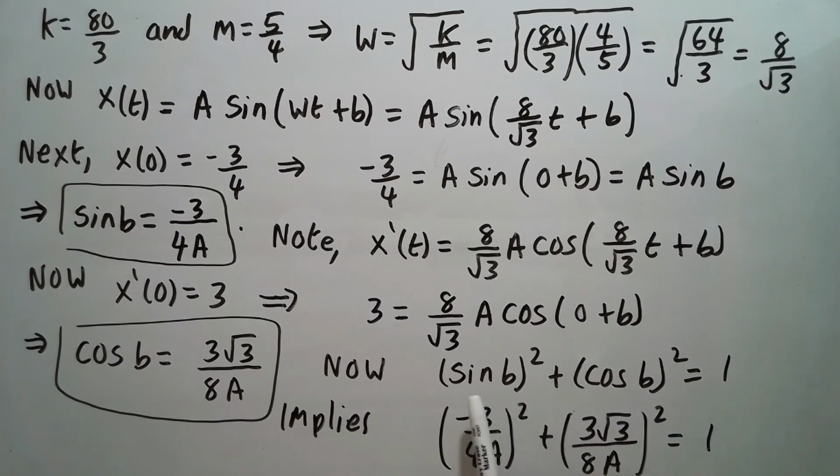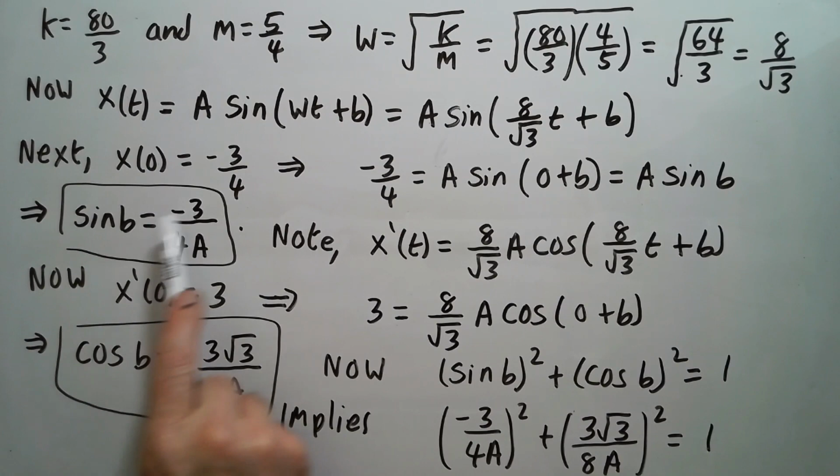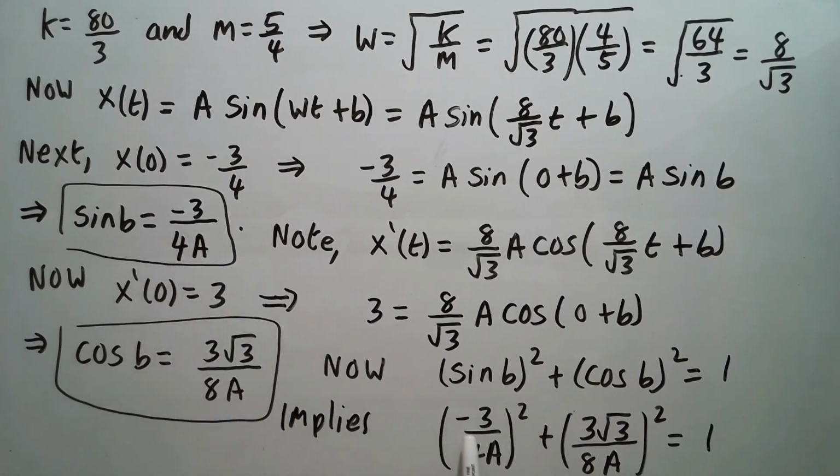Now the sine is equal to negative 3 over 4a, so it will be negative 3 over 4a squared, plus cosine, which we can use as 3 square root of 3 over 8a squared, equals 1. So we have this guy here. Now I'm out of space here, so let me erase a few things and we'll keep going.